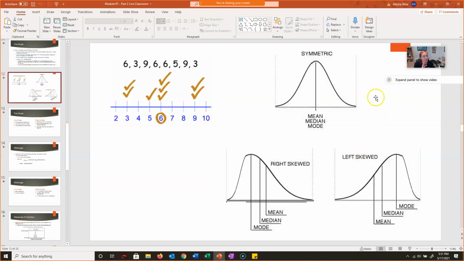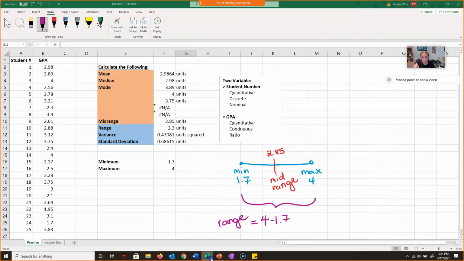is that when we're looking at these values, we can also determine if the distribution is symmetric, right skewed, or left skewed. So recall that right skewed means that we just have some extreme values to the right. Left skewed means that we have extreme values to the left. And to figure this out, you just compare the mean and median.